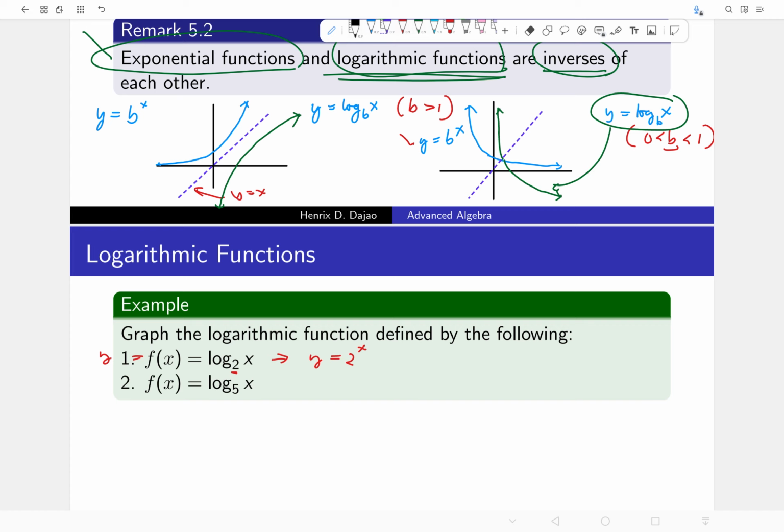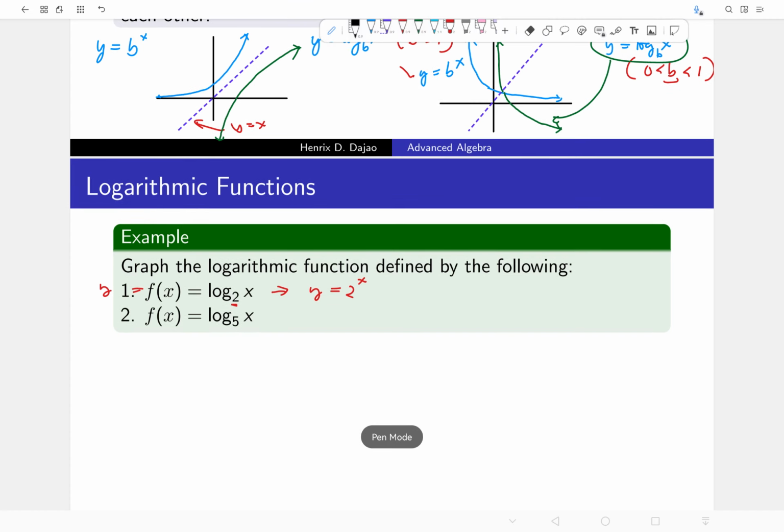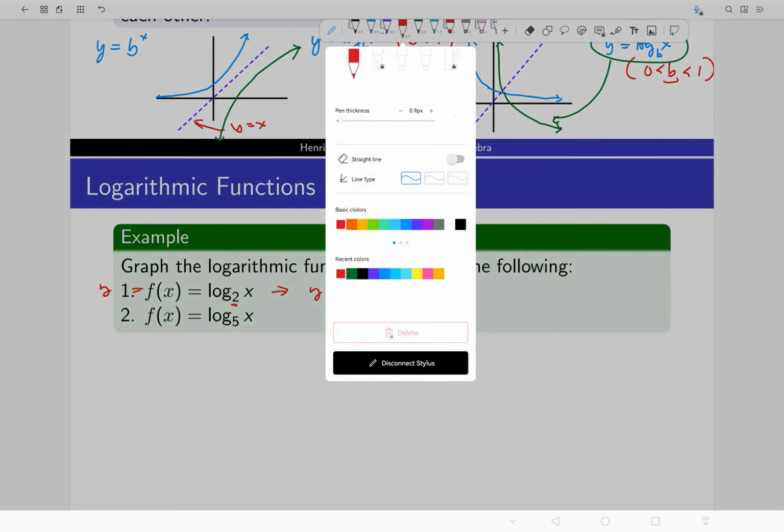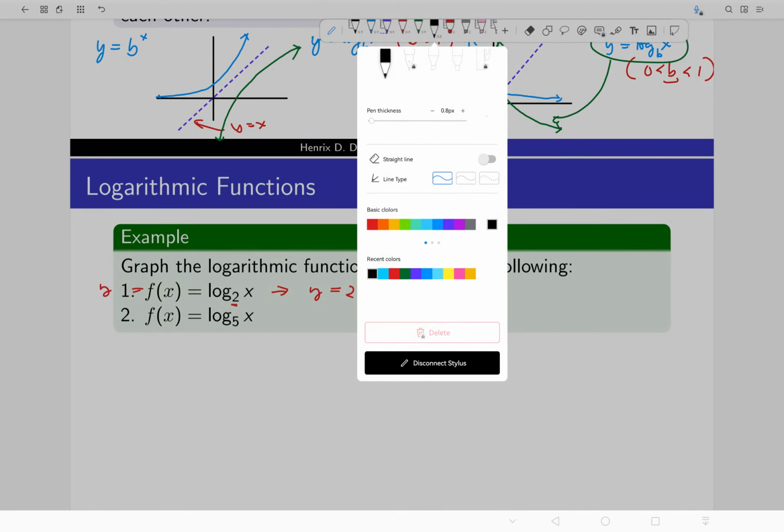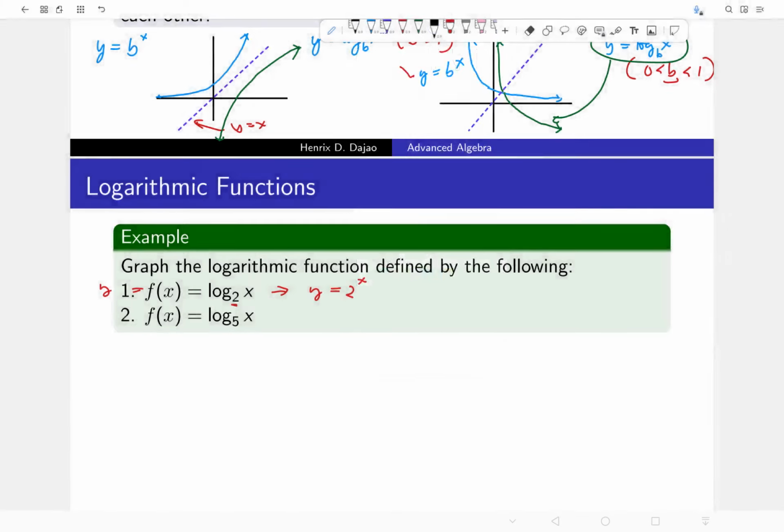So for number one, that is y equals logarithm of x with base 2.